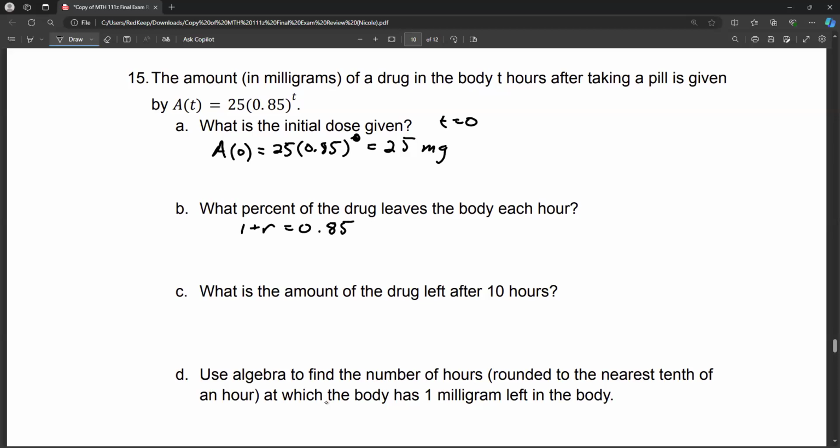So here we see that R is equal to a negative 0.15, which we could translate to a percentage and say that's negative 15%. If somebody asked me what percent leaves, I'd probably say negative 15%, or I could say 15% leaves the body, however you choose to answer that.